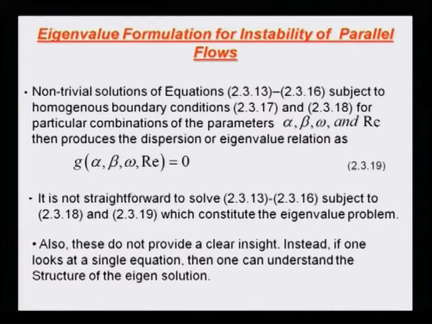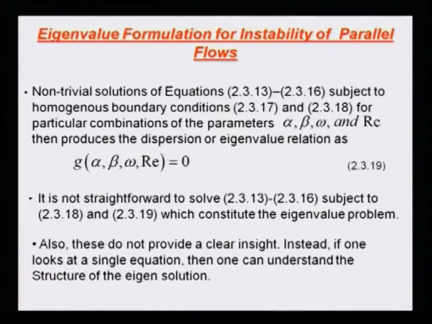Okay. So, the same thing: we are looking at a homogeneous differential equation with homogeneous boundary condition, but then we will find out a combination of the parameters of the problem. And what are the parameters in this case? Well, they are the coefficients in the differential equation.